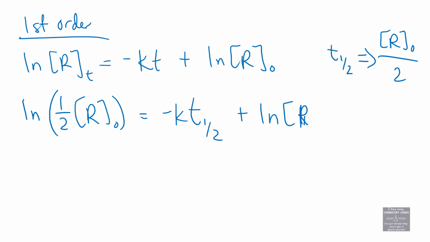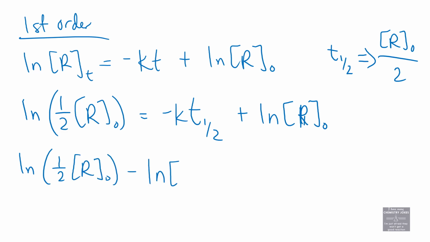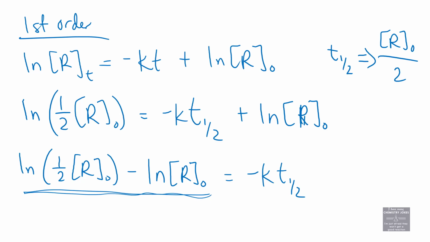I can rearrange and make it ln of 1/2 R0 minus ln of R0 equals negative kt 1/2. When you subtract ln's, that's the same thing as dividing them. ln of 1/2 R0 divided by R0 equals negative kt 1/2.